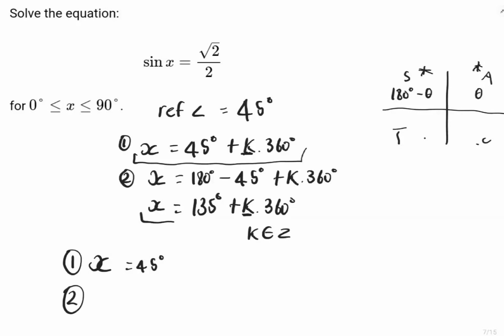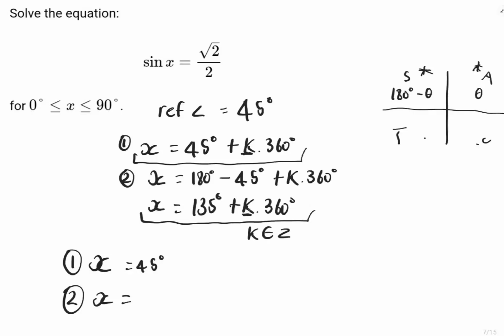For the second one, let's see. If we substitute 0, we get 135. Already that's bigger than 90 degrees. It's not in the range of 0 and 90 degrees, right? And if we substitute 1, we're going to get 135 plus 360, which is 495 degrees, which is way bigger.